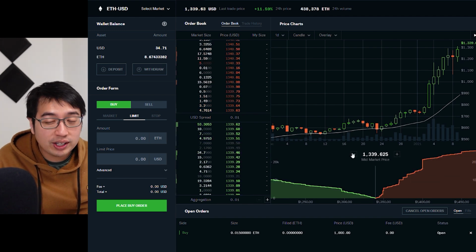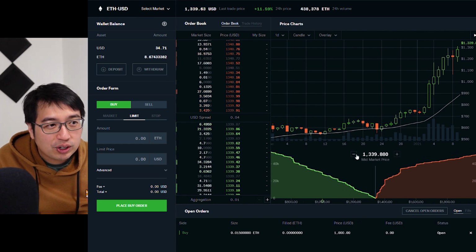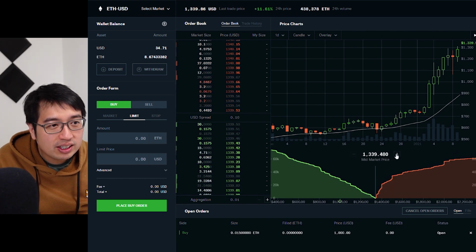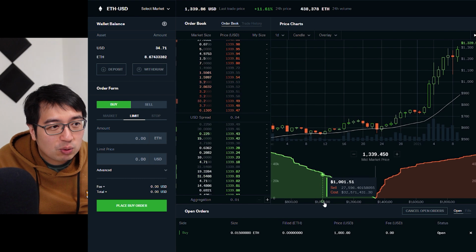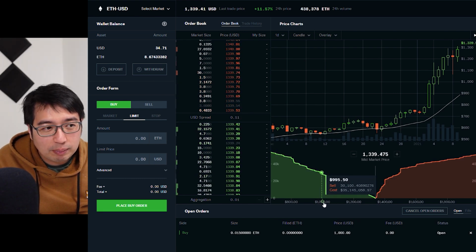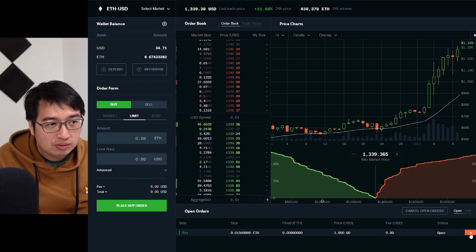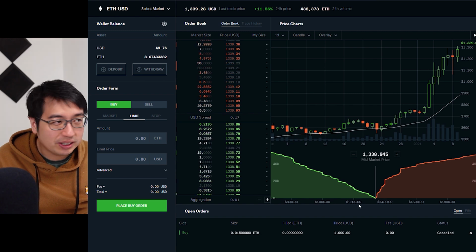So to see my $1,000 order and where that sits in the overall order book, we're gonna have to zoom out. As we zoom out, we can see my $1,000 order is right here because there's a little diamond at the bottom. And if I cancel that order, that diamond disappears.